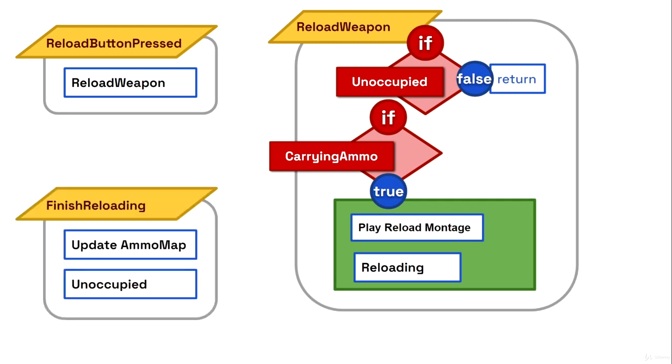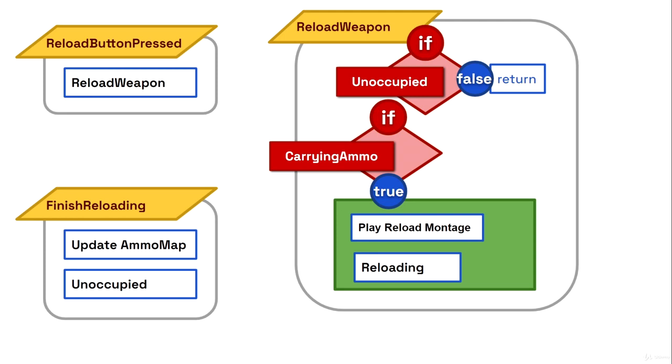Well, that's the beauty of animation notifies. We can place an anim notify in our animation montage, and that can allow us to get out of the reloading state. So we can create a BlueprintCallable function called FinishReloading. At the end of our reload montage, at the end of that animation, we can have a notify that will call FinishReloading.